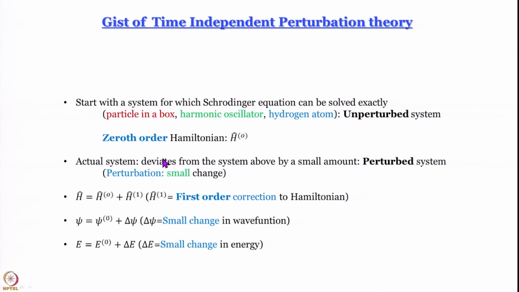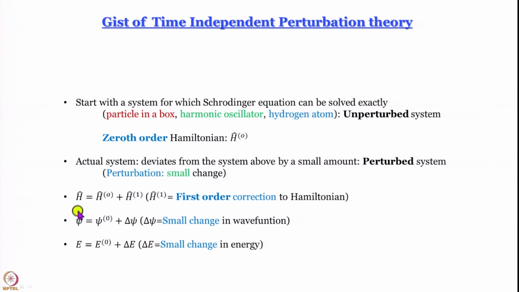And the actual system, the anharmonic oscillator for today, is something that deviates from the unperturbed system by a small amount. Please remember, small amount. It is very important to understand that perturbation theory does not work for large deviations from the unperturbed system. So, this perturbed system that we are trying to build a description of should deviate from the unperturbed system only by a very small amount.